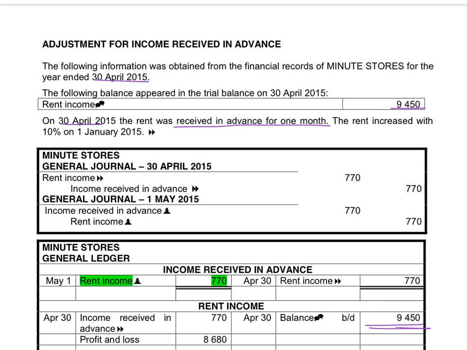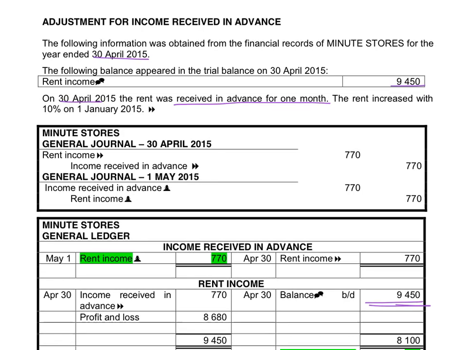So we have to remove it from the rent income account so that we can determine the actual amount for the current year. And we must create a liability because we already received money that we were only supposed to get in the next financial year. The rent increased on the 1st of January with 10%.